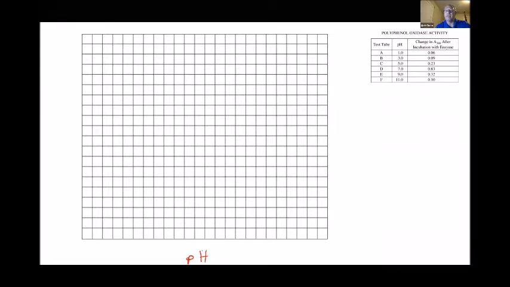And notice our pHs run from 1 up to, let me let in these folks trying to get in real quick. So our pHs run from 1 to 11. I'm going to skip about every 2 lines, and I'm going to make each one of those be 1 pH unit.